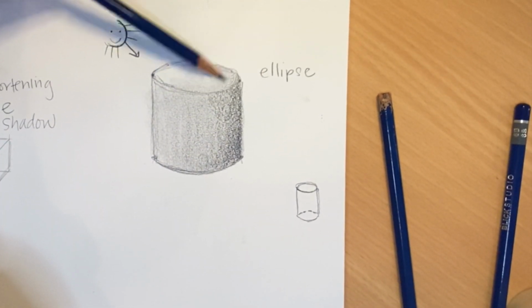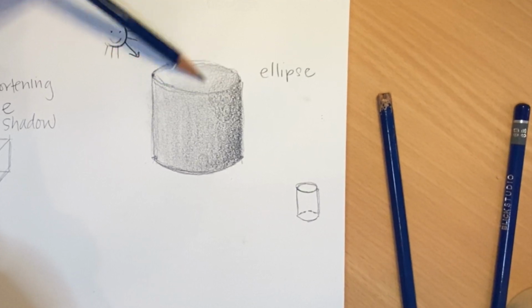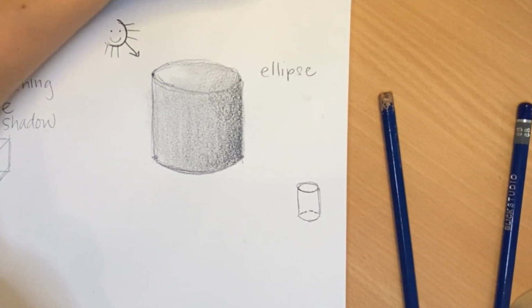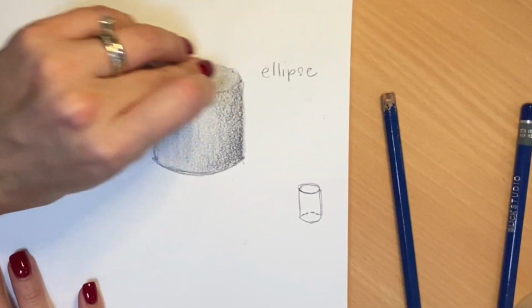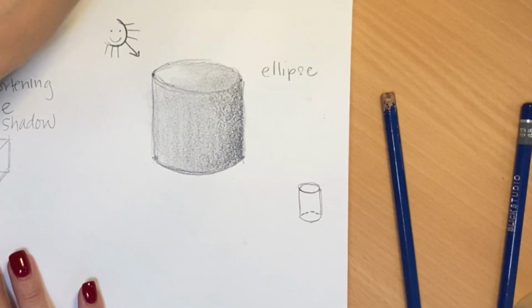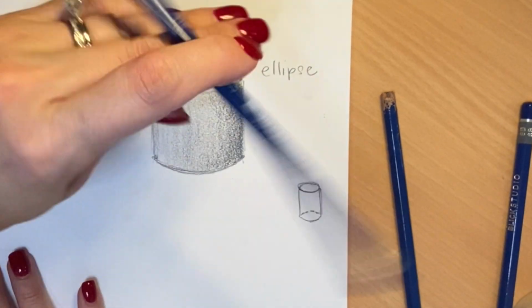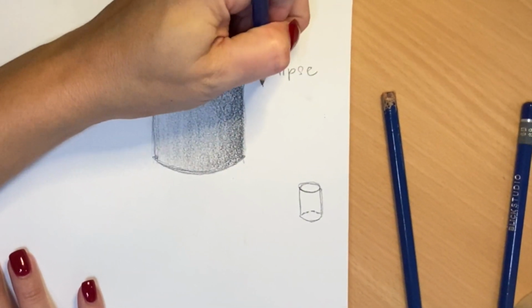Might add a little bit more shading in here. And then there I've got my cylinder. Now, again, we need that cast shadow, okay?